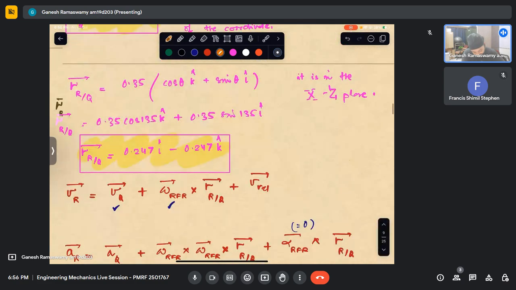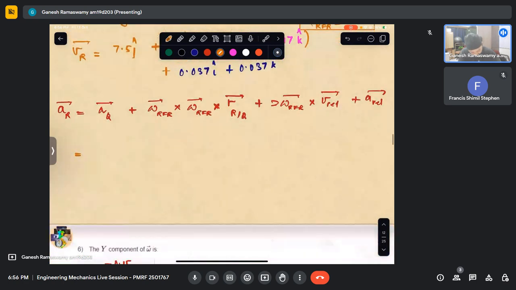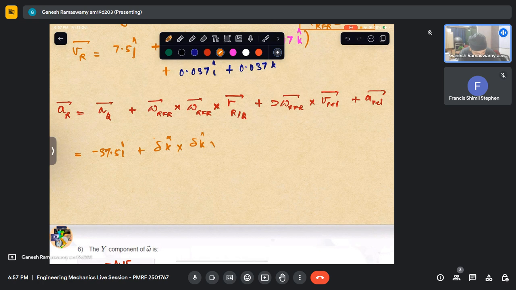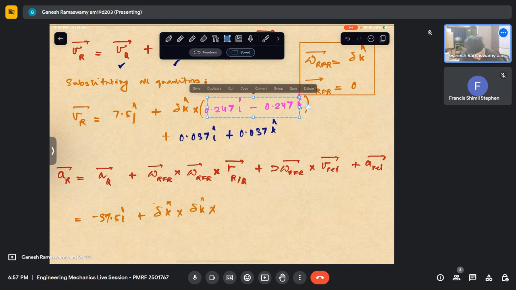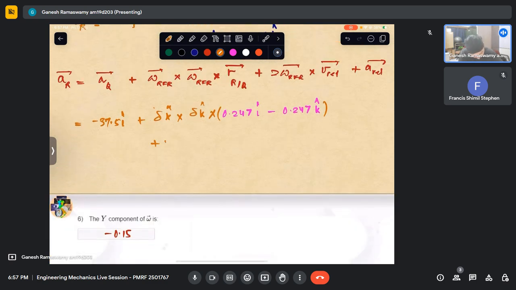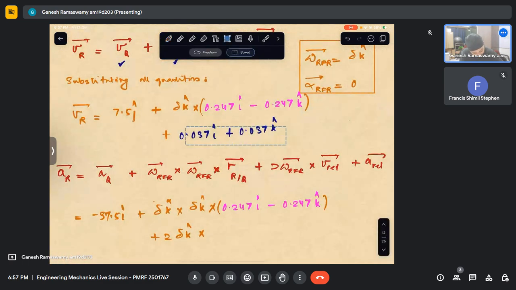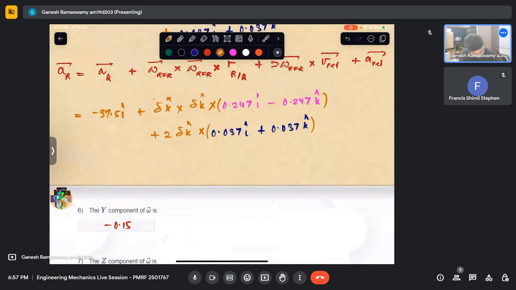It is minus 37.5 I, plus delta k cross this quantity, plus alpha cross r is 0, plus 2 delta k cross VREL, which is this, plus AREL, which we have calculated.